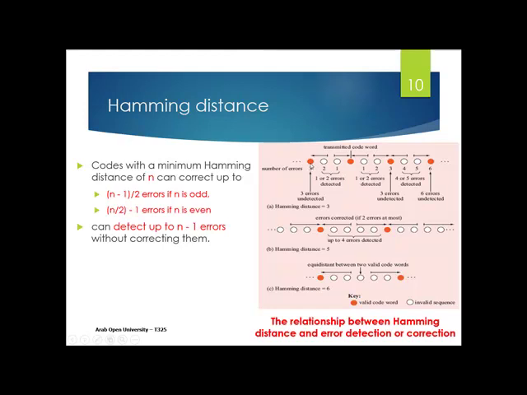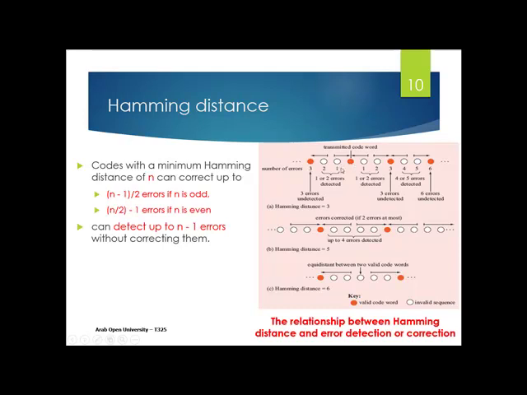For correction, the formula is a little bit more complex, because when the distance is 3, if I have 1 error, I can detect it and correct it, since I will be correcting to this value. If I have 2 errors, I am crossing the half position, or the middle position. So the correction will not be appropriate since the received value will be corrected to this value.